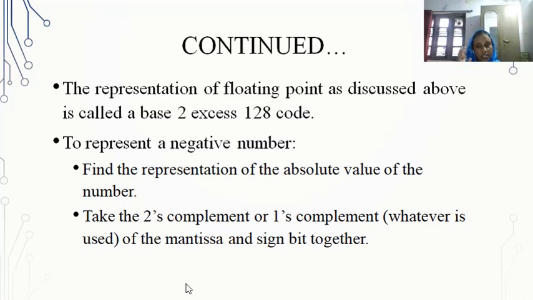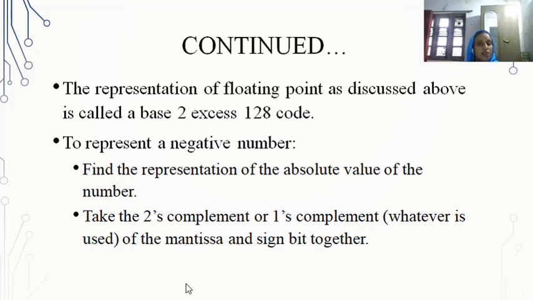In the case of a negative mantissa, the leftmost bit is 1. The next 23 bits are used to represent the 2's complement of the binary representation. First we have to find the binary representation of its absolute value.